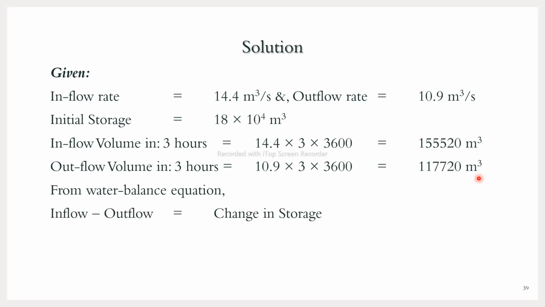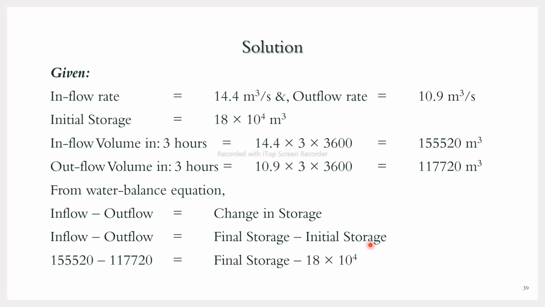From the water balance equation, inflow minus outflow equals change of storage, delta S. No precipitation is there, so the P term is 0, and no evapotranspiration is there, so the ET term is 0. Only Q in minus Q out equals delta S. You can express the change in storage as final storage minus initial storage.